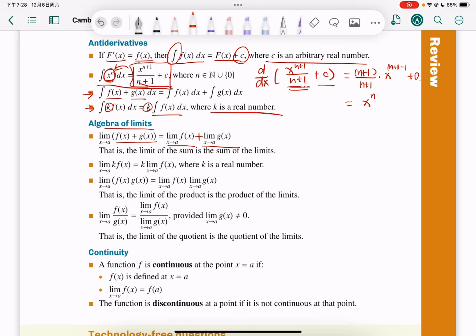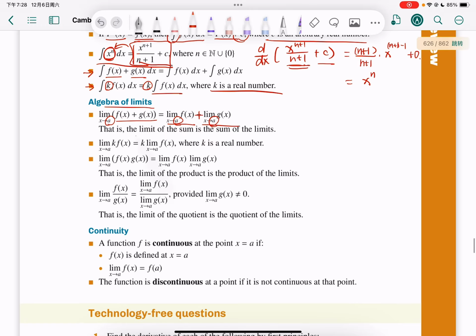Keep in mind that the a is still the same. Or you can say the limit of the sum is the sum of the limit. And if you have k, which is similar to previous cases, you can take the k out. K is a real number.